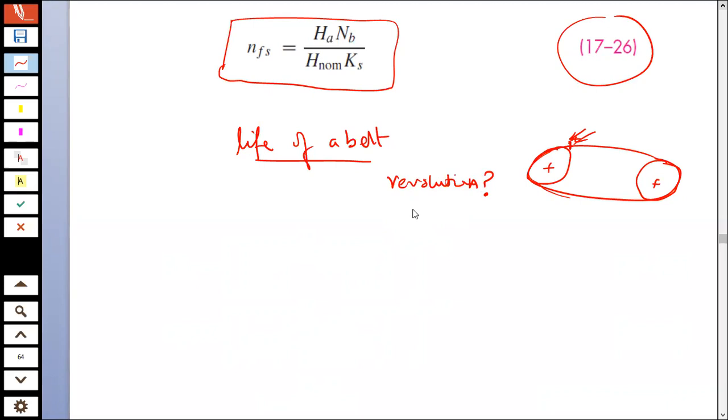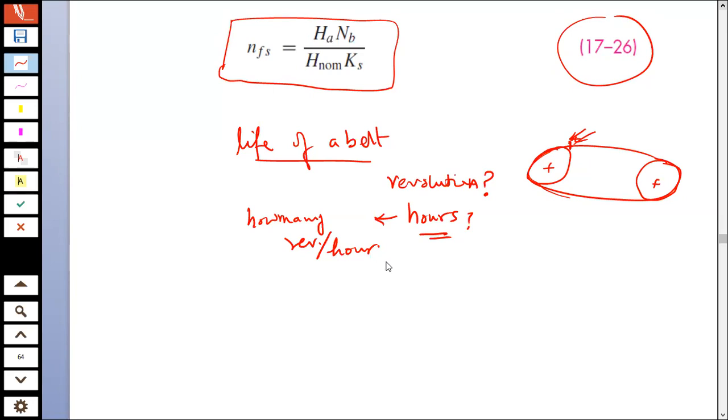You can also measure it in hours, right? That how many hours a belt would work. But again, with hours, you need to also give information that how many revolutions per hour.